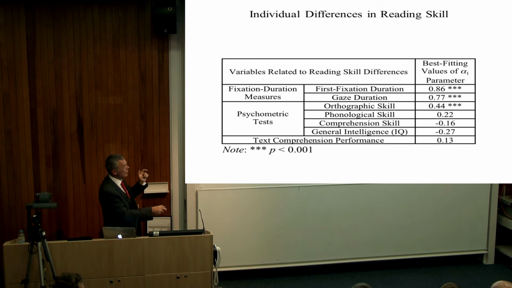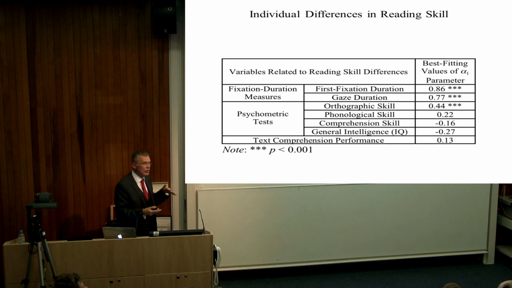And then she did analyses to see how those values across the children correlated with these various fixation duration measures, but also their psychometric test scores. So things like their orthographic skill, their knowledge of the writing of the language, their phonological skill, their comprehension skill, and their general intelligence.